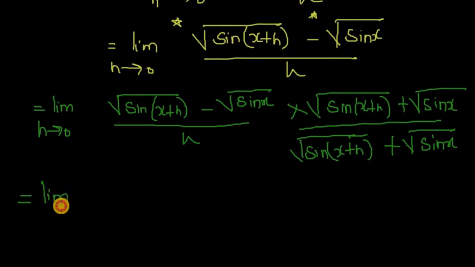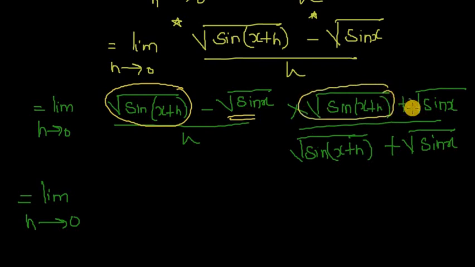Now in the numerator, if you see, you get a term of the kind a minus b into a plus b. So what is a minus b into a plus b? a square minus b square.